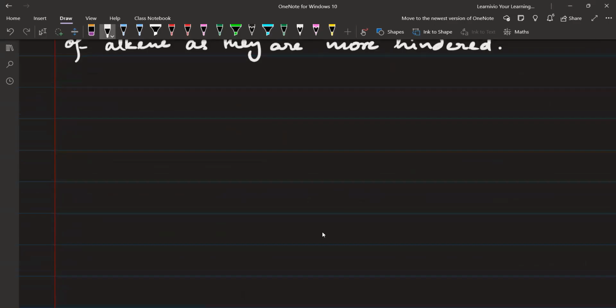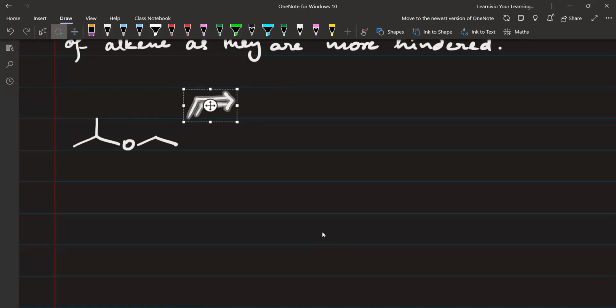Let's suppose we have to make something like this. Fine. Now, this particular ether can be prepared by two different combinations.